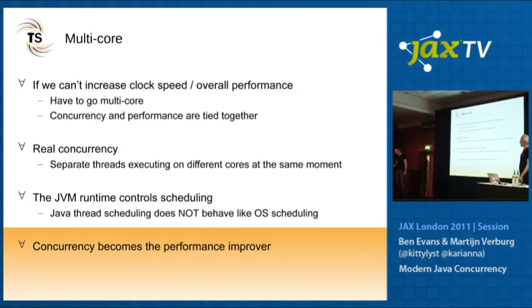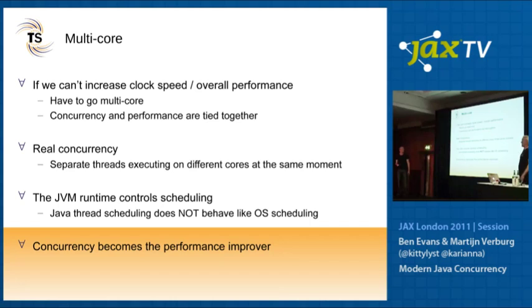This period of time was like a weird Burgess Shale moment in history, where as software people we didn't have to care about our hardware platforms, and that's gone. We're now back in a world where we have to start understanding the platform again. And if we can't spend our transistor budget on cleverer and cleverer tricks to keep the performance up, we'll have to go multi-core. That's all there is to it. There's just no other game in town.